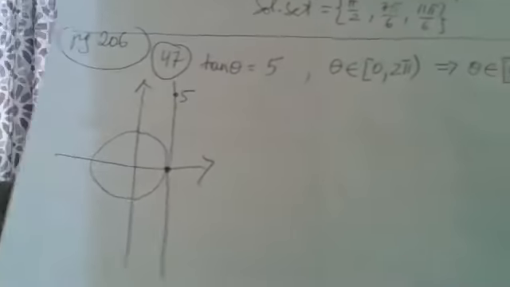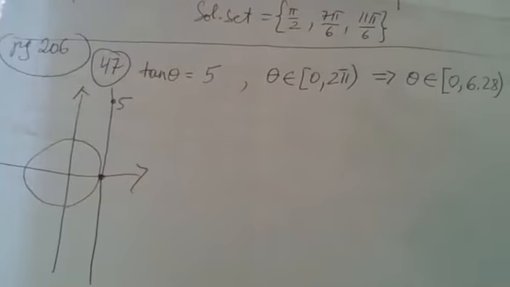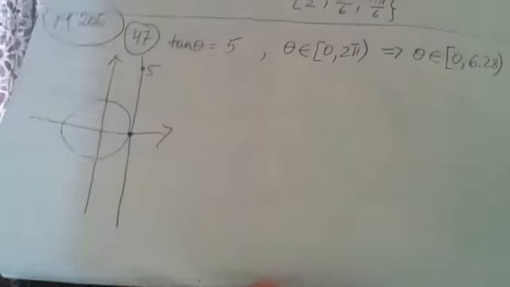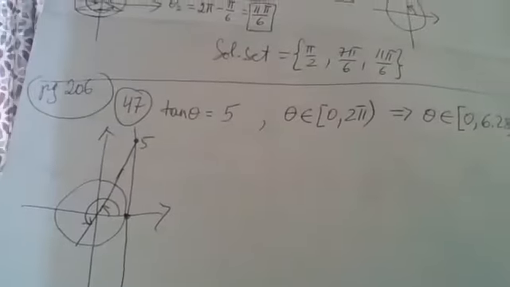And let's say this is what you see. You can see I'm doing the same thing. 5 is quite far above that circle because the radius is equal to 1. I'm going to connect that with the center of the circle, and I'm getting 2 angles in 1 revolution.